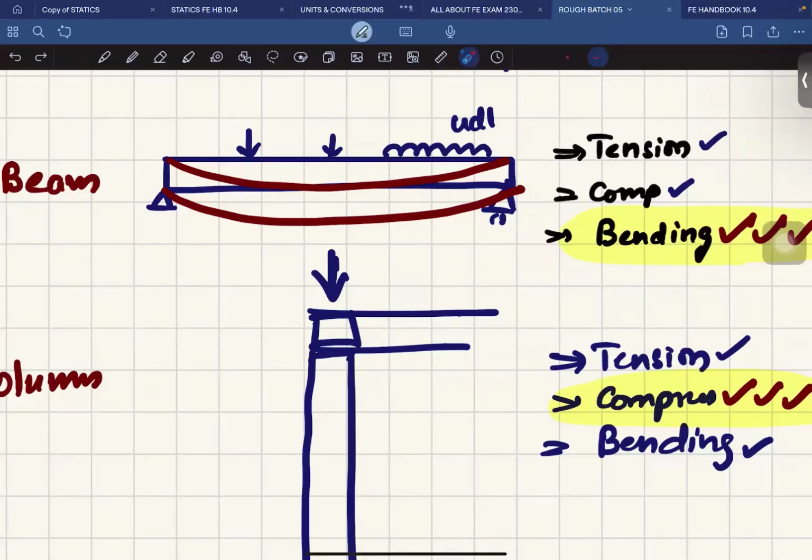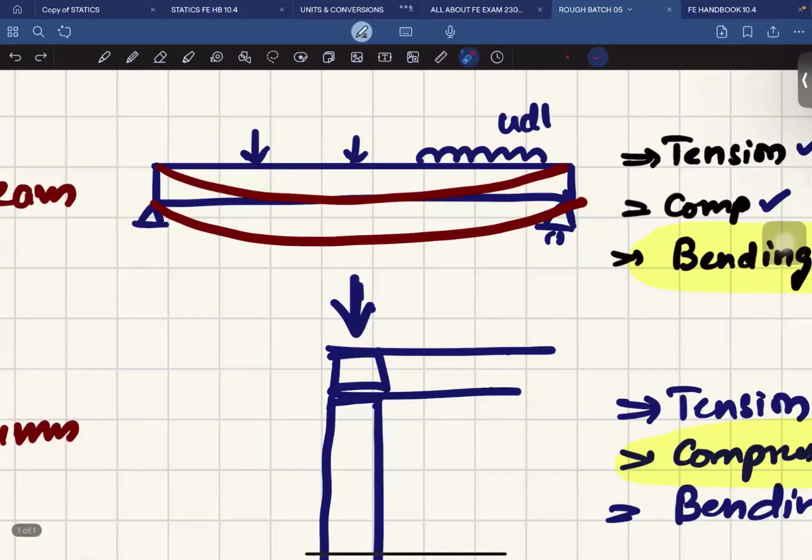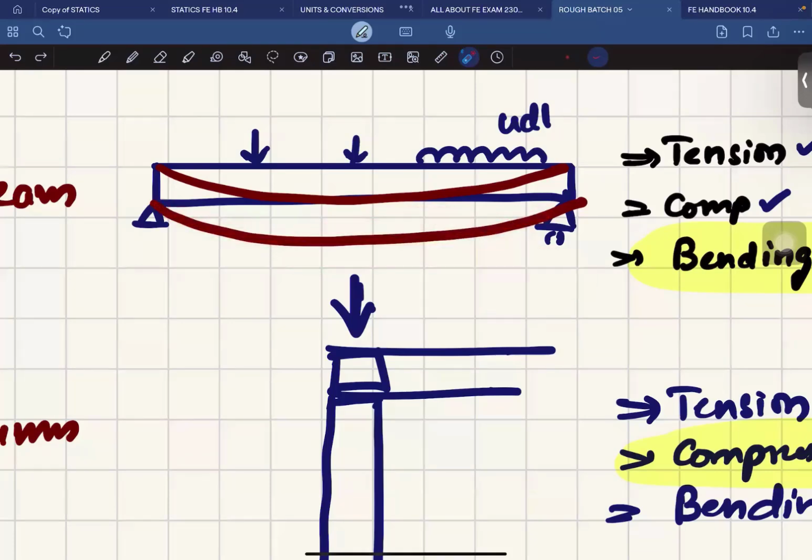I asked you one question, why there is tension and compression. Our friend has very well answered, because the bottom fiber, since it is bending like this, has to bend only by stretching the bottom fibers. So in order to stretch, there is tension on the bottom fibers, especially in the reinforcement steel. Since concrete is weak in tension, we place steel here, and it undergoes tension.